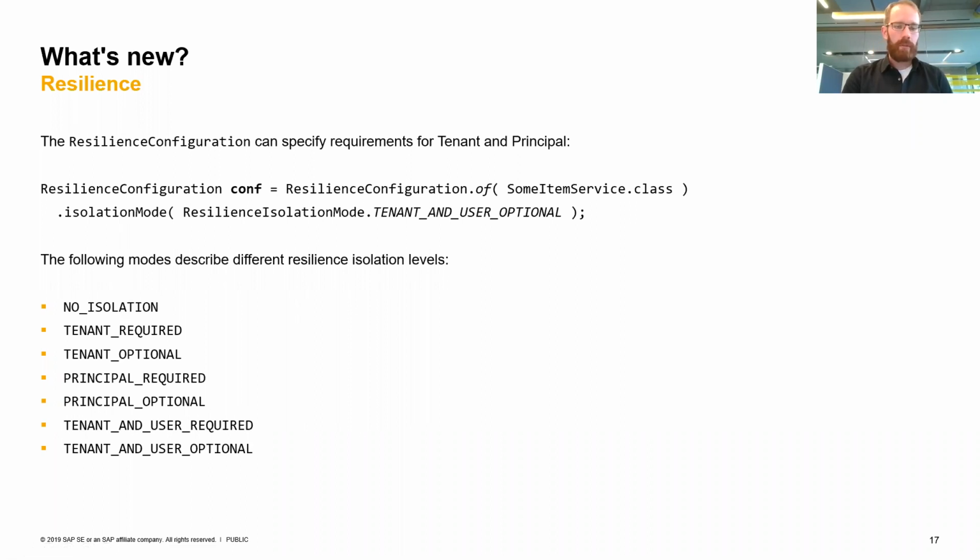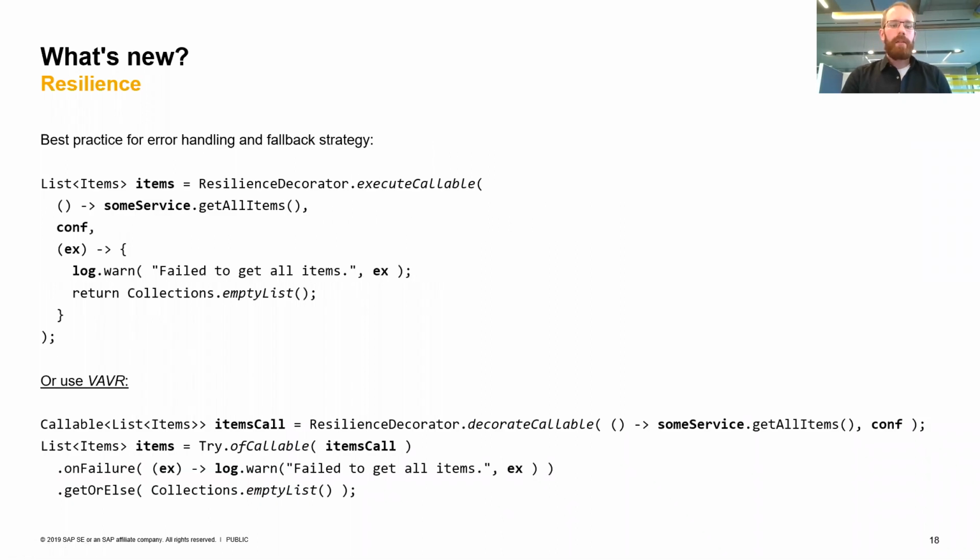Okay, so just a quick side note on that. Also, what I did not mention yet: Hystrix had the possibility to override a method like getFallback in that regard. This is no longer directly possible, of course, but what is possible is that in those execute callable methods, we have an overloaded variant which expects a function which maps the exception that was thrown by the actual call to the fallback solution that should be returned.